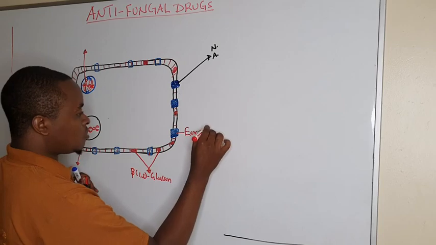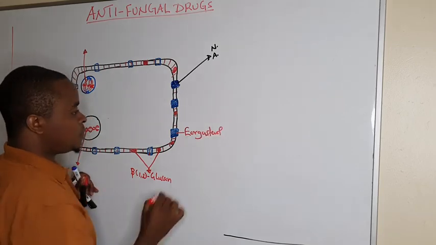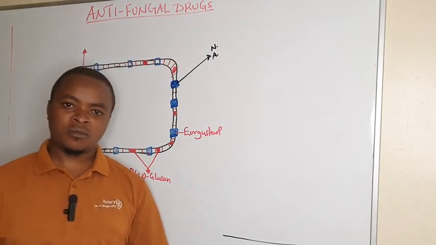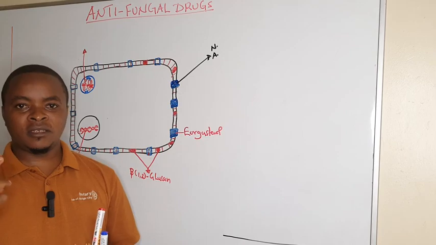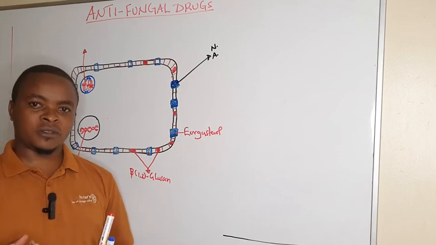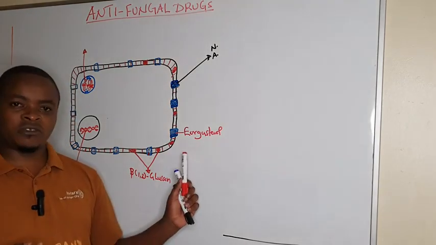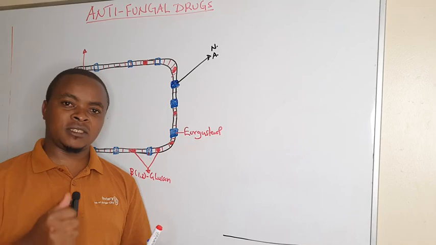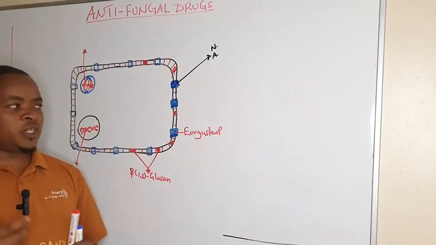And this ergosterol is derived from cholesterol. You know, in the cell membrane of animals, they contain cholesterol, whereas the fungus contains ergosterol, which stabilizes.